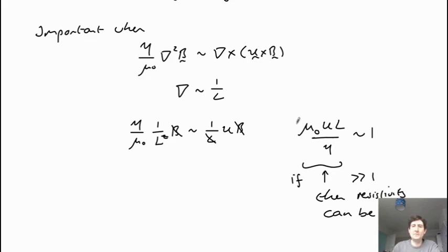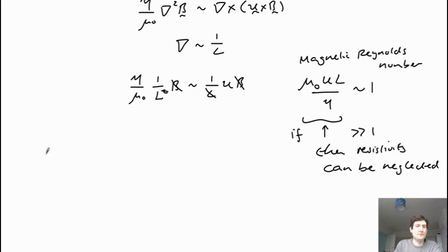And this quantity here is the magnetic Reynolds number. It's analogous to the Reynolds number in fluid flow, except now the dissipation is the diffusion. Here there's eta over mu naught compared to the advection, the induction of the velocity and the length.